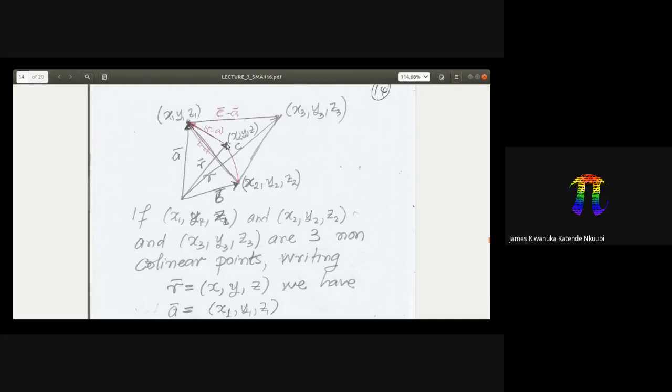If this is a point on the plane, then this vector from A to this point will be on the plane. The other vector from C to A will be on the plane, and the other vector from A to B will be on the plane. So these three vectors are on the plane, and therefore the triple product for the three vectors should be equal to 0.